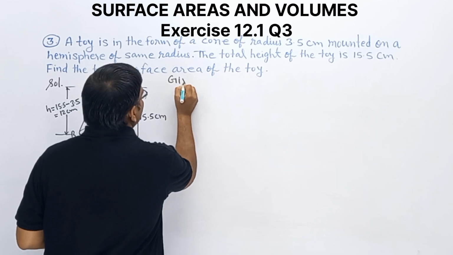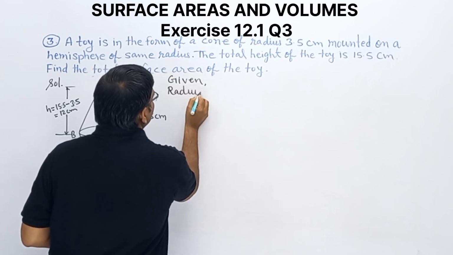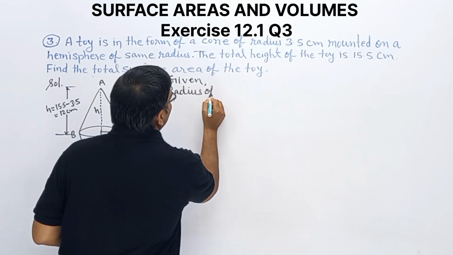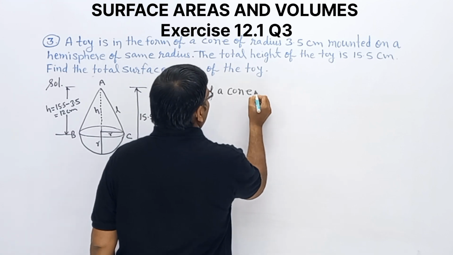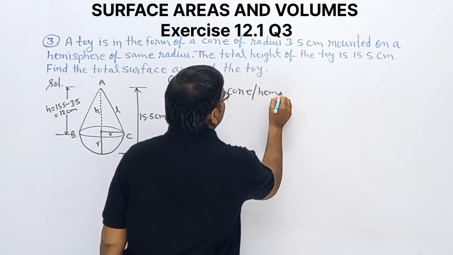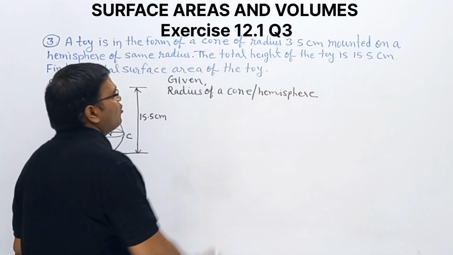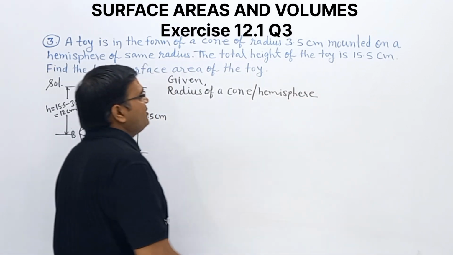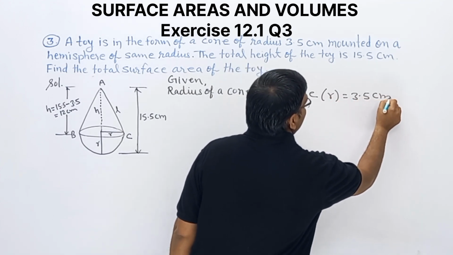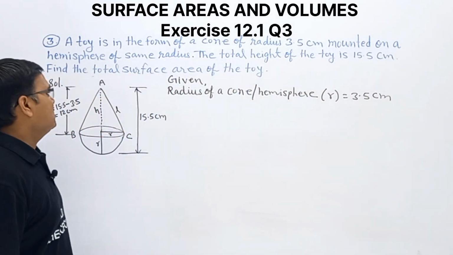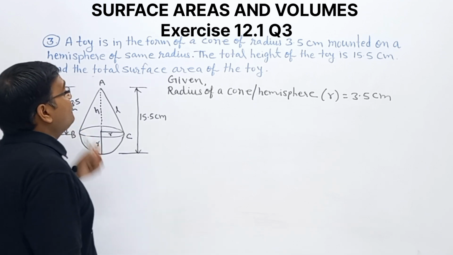I am writing given: radius of a cone or radius of a hemisphere equal to 3.5 centimeter. This is given in the question. Clear?